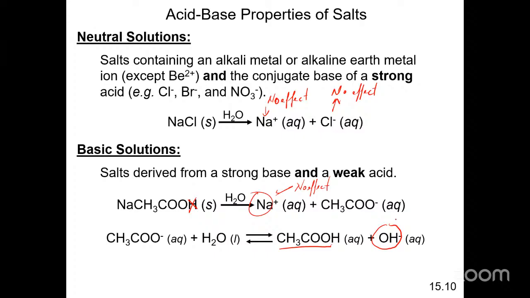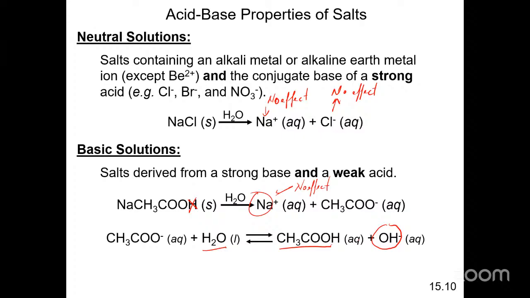So just to recap, when it comes to salts that are derived from a strong base and a weak acid, such as sodium acetate, this is derived from sodium hydroxide and acetic acid, which is a weak acid. Sodium hydroxide is a strong base. What will happen is that it's going to dissociate. The sodium ion that is formed will not have any effect on the water, but the acetate will react with the water, as seen here, and you're going to end up with the acetic acid being formed, but also the hydroxide ion.